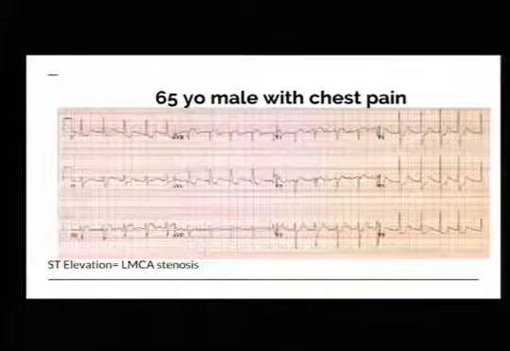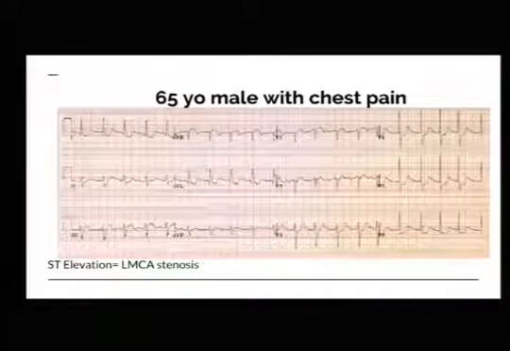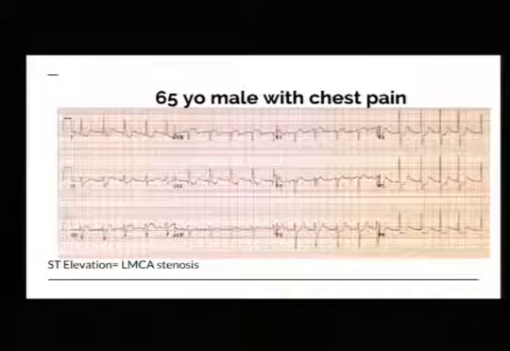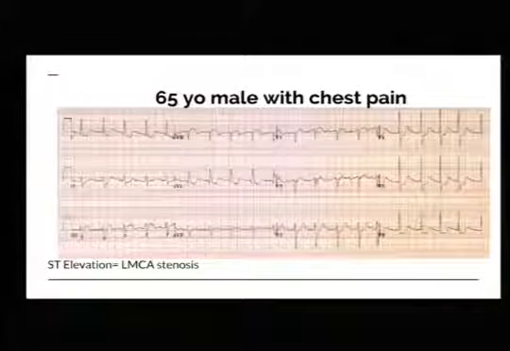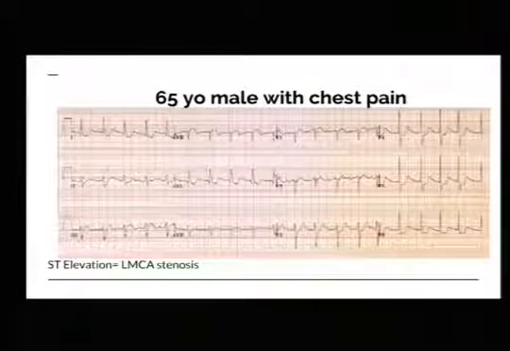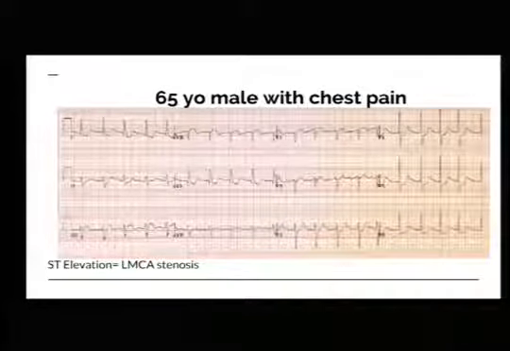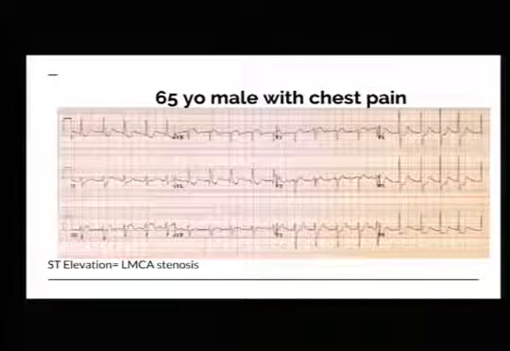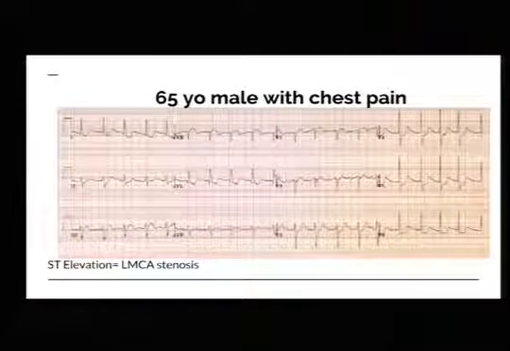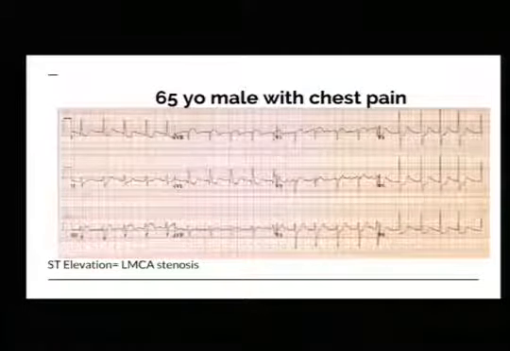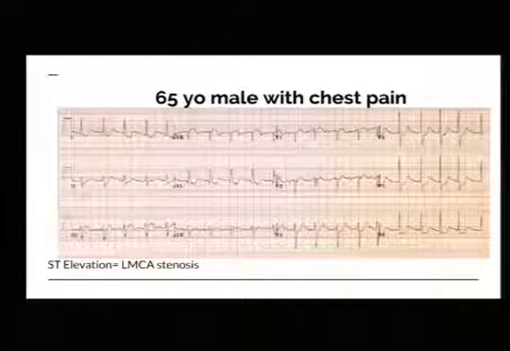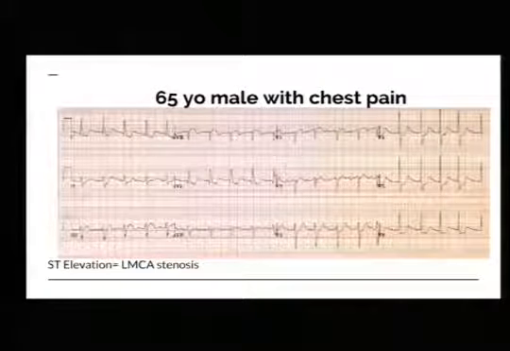And now you have this kind of weird look in ST elevation in AVR. This is bad. Doesn't look that significant when you just glance at that 12 lead, but ST elevation in AVR can mean a left main. These are the guys that you send to the floor for their chest pain rule out, and you get called because they VFib arrest.